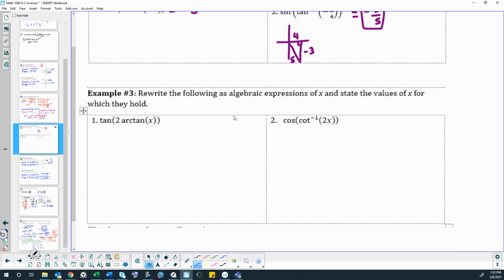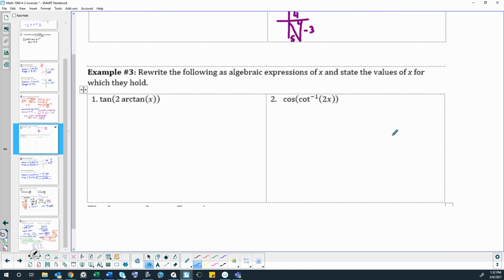Okay, example 3. Rewrite the following as algebraic expressions of x and state the values of x for which they hold. So basically, it's finding the domain that it's asking us to do. Alright, so for this first one, we start in the middle, remember? So basically, it's saying there is some value theta, so that the arctangent of x is theta.